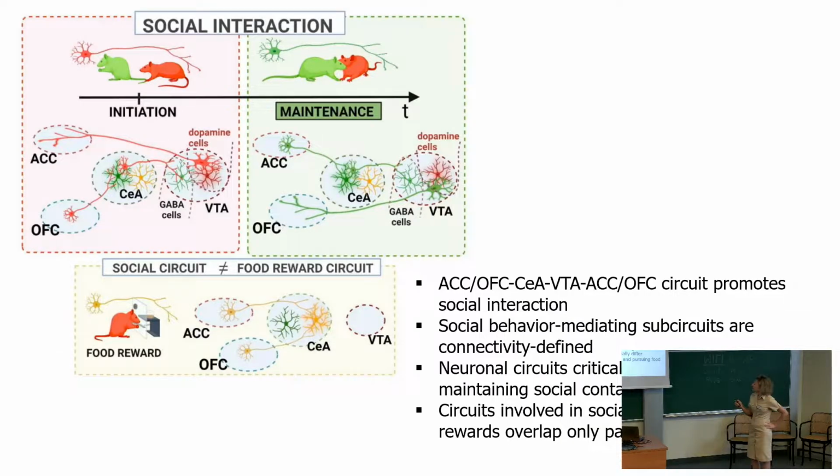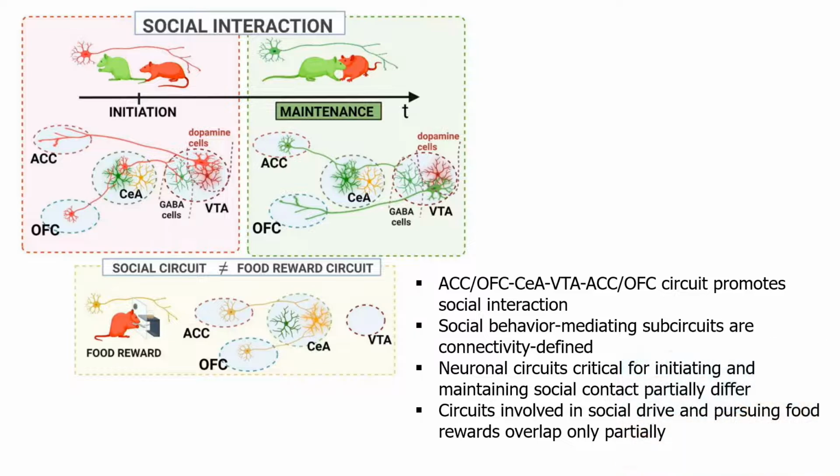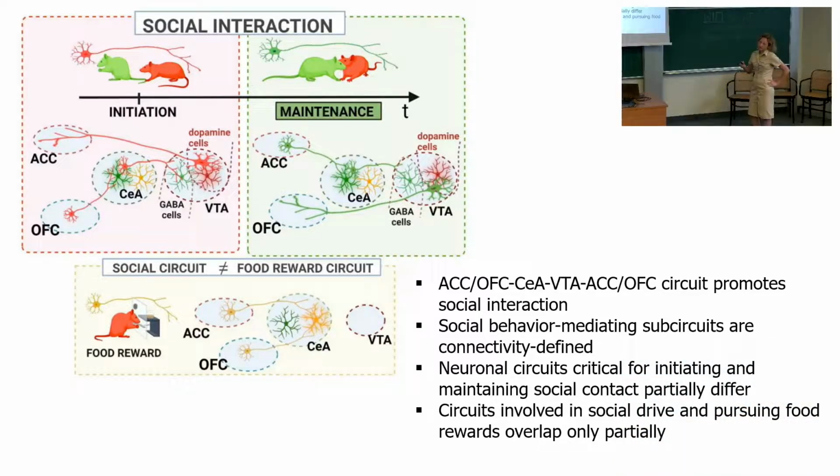Okay, so to summarize, what we found here is that these sub-circuits in the central amygdala can be defined by their inputs and outputs. And we showed that this particular circuit that starts in anterior cingulate cortex and orbitofrontal cortex and involves central amygdala and ventral tegmental area, promotes social interaction.